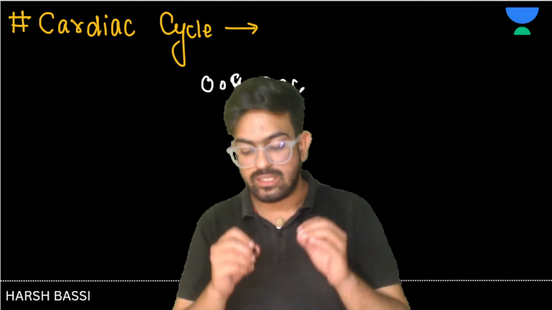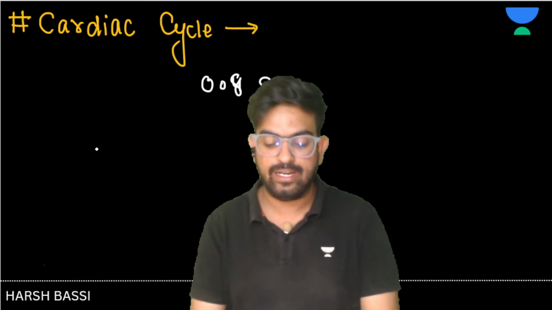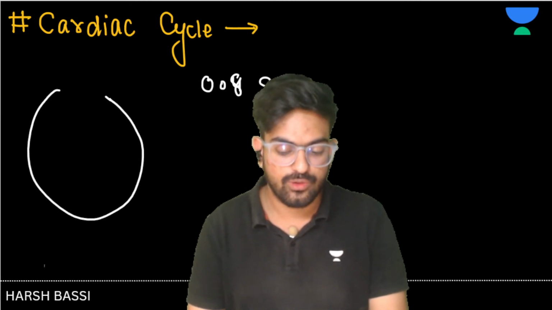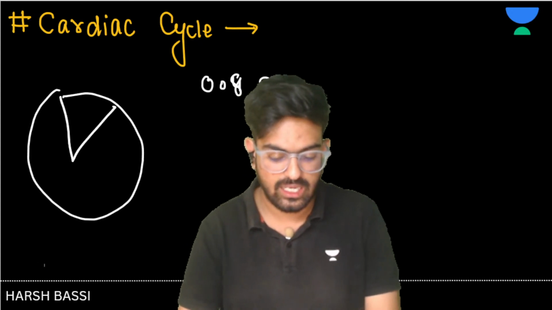We have divided this 0.8 second into few parts. यहाँ पे बनाता हूँ, next page पे बनाता हूँ. See here. So this circle is the representation of 0.8 second.